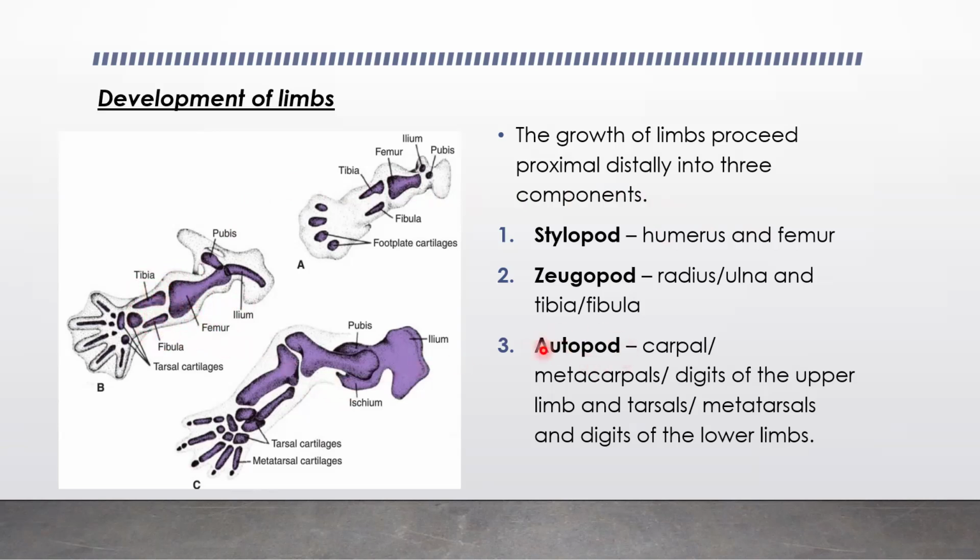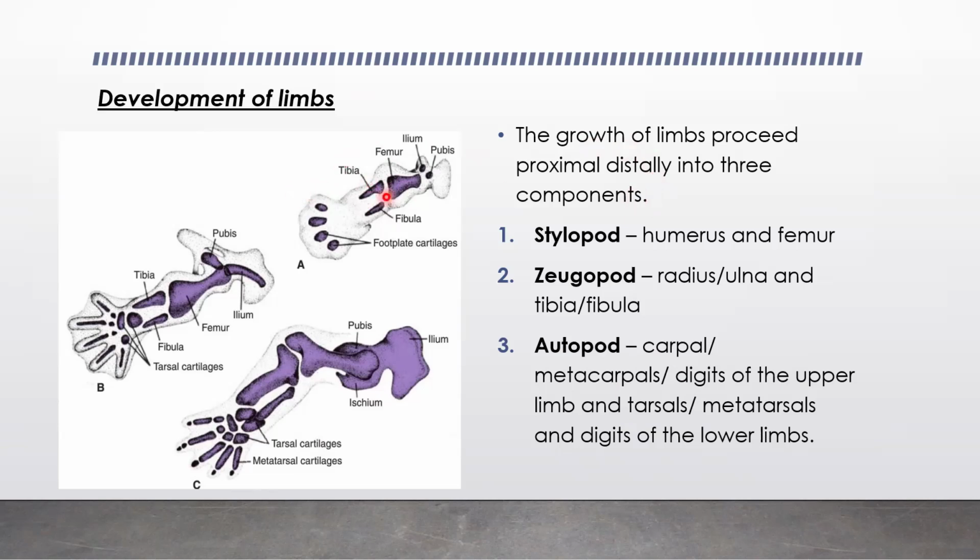Then the autopod will give us the skeletal bones of the hands and the foot. So we'll talk about the carpal bones, metacarpals, digits of the upper limb, and then tarsals, metatarsals, and digits of the lower limb.